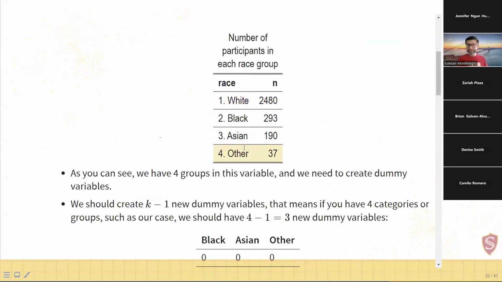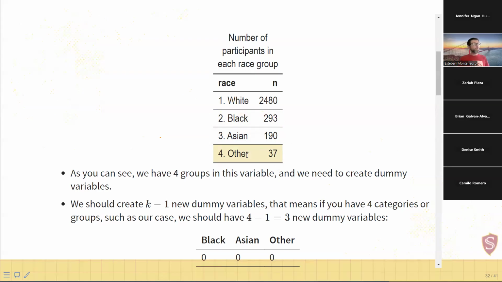This is nominal. It is not like answering 4 is superior to answering 1. Nothing is superior here. It's not even ordinal. It's not like white goes first, black goes second, Asian goes third, and other goes fourth. There is no ordinal assumption on this type of data.